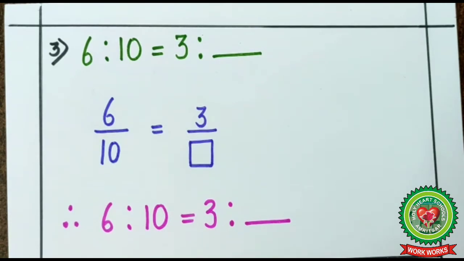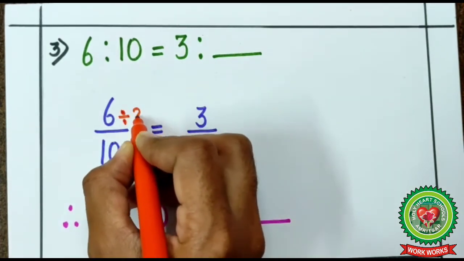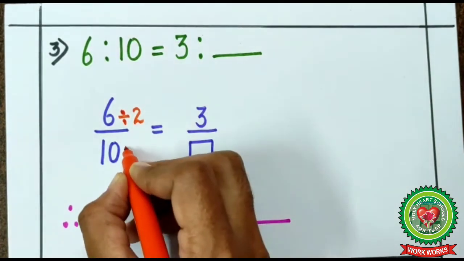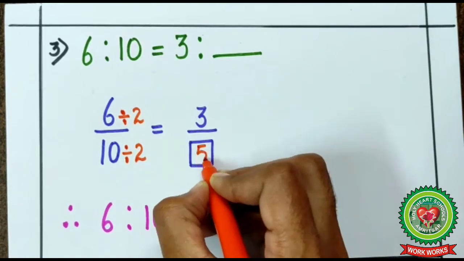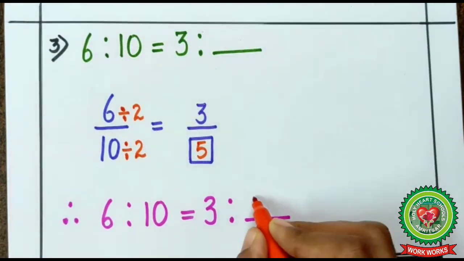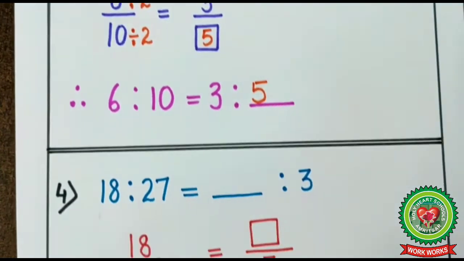So by which number we will divide it to get 3? Here I will divide 6 by 2 to get 3. Therefore, similarly I will divide 10 by 2 to get my answer. So here it comes 5. Therefore, 6:10 equals to 3:5.